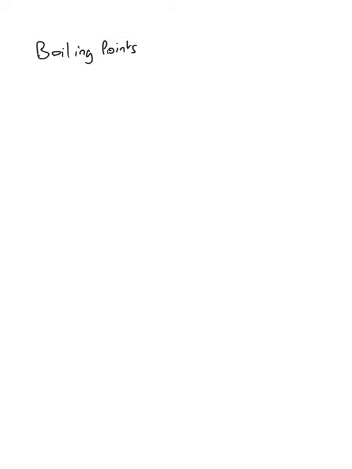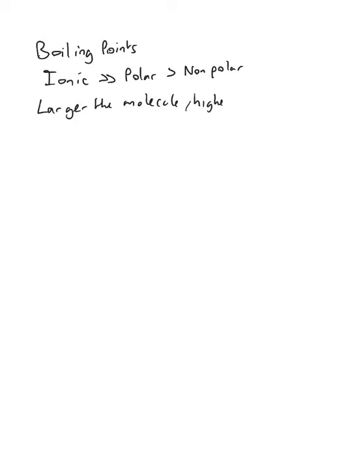What about boiling points? Well, same trend. Ionic compounds have a much higher boiling point than polar compounds, which are much higher than non-polar compounds. Another trend, of course, is that the larger the molecule, the higher the boiling point.